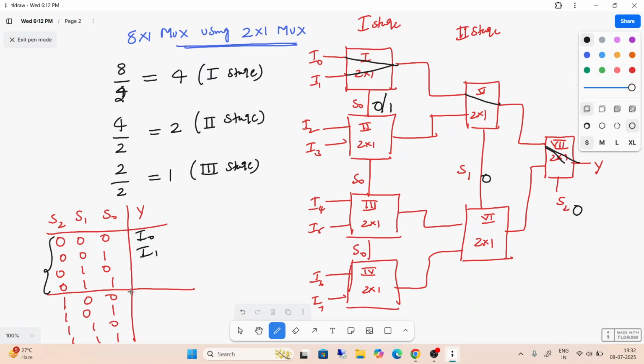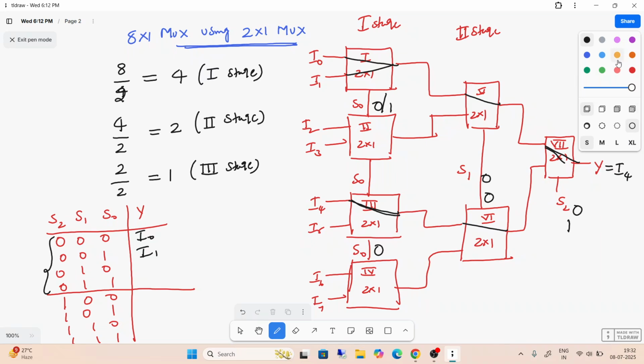Suppose it is 100, which is connected? I4 is connected. S2 is 1, so this will be connected. This is 0 only and this is 0 only, so this line is connected like this, and I4 is connected to the output.